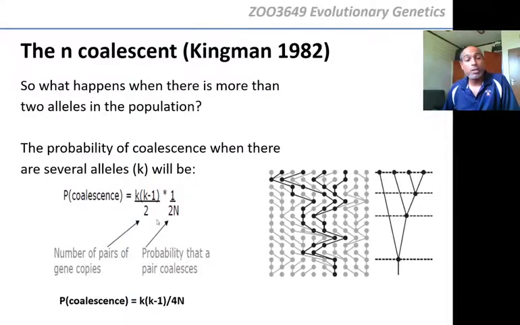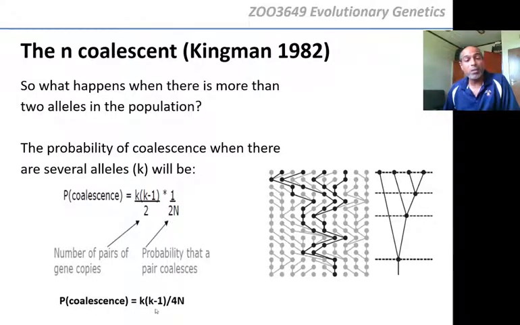So if you take this formula and multiply these 2 terms, what happens? You actually get k brackets k minus 1. You multiply by 1 here, nothing changes in the numerator, but what happens in the denominator? This 2 times 2 gives you 4, and you end up with this formula here, okay?